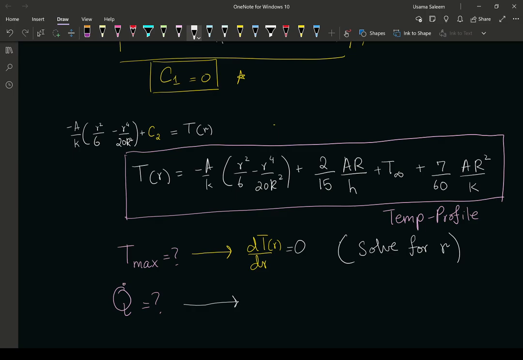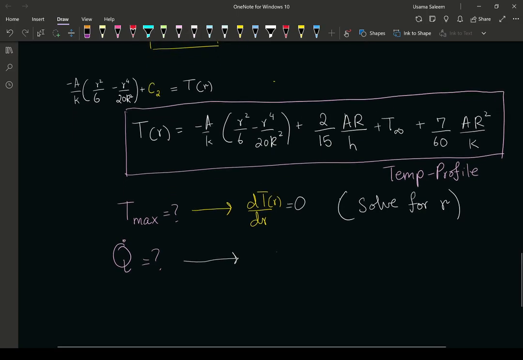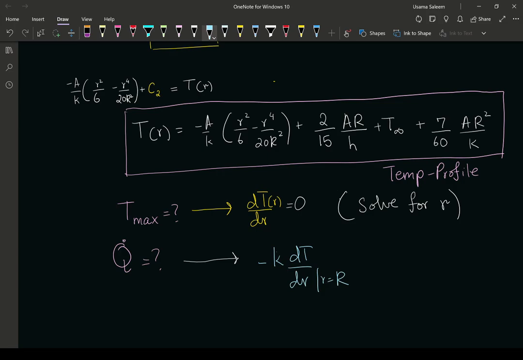If you remember, if you'd like the rate at which we're removing heat, you can start off by calculating the value of negative k dT/dr at r equals R. Okay, and that's going to give you the flux at the surface.